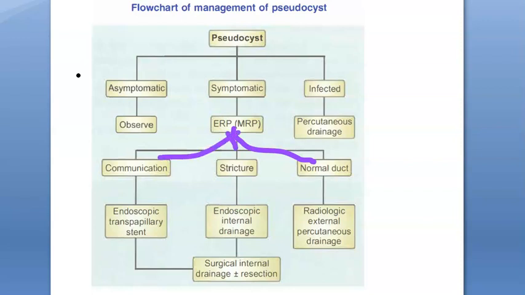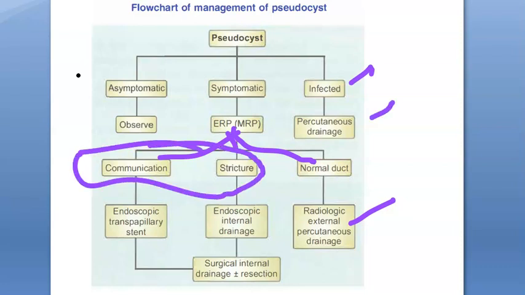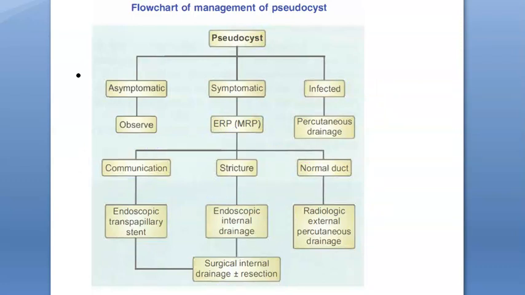If it is normal, you can do a percutaneous drainage. If it is infected, also percutaneous drainage. Now if there is communication or stricture, a little more complicated, you'll have to put a stent, or you can do an internal drainage, and this internal drainage you can do endoscopically, or surgically, and they are doing some resection. Possibly this is what they are referring to in CystoGastrotomy, CystoJejunostomy, etc.